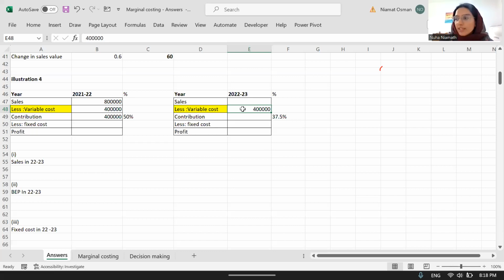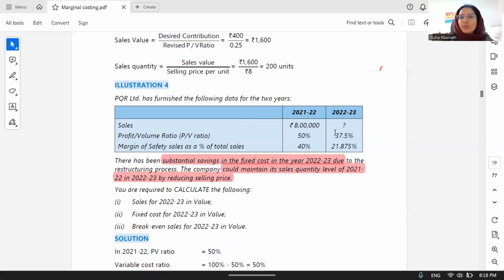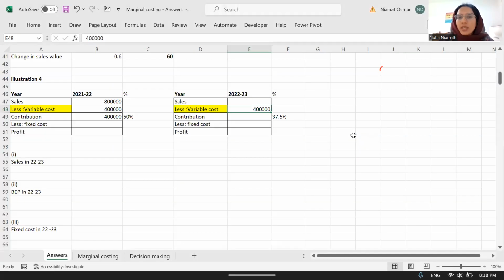Now, if I have my variable cost here and I have PV ratio, let's say 37.5%, don't you think we can calculate our VC ratio, our variable cost ratio? Did everybody understand how we have calculated 62.5%?